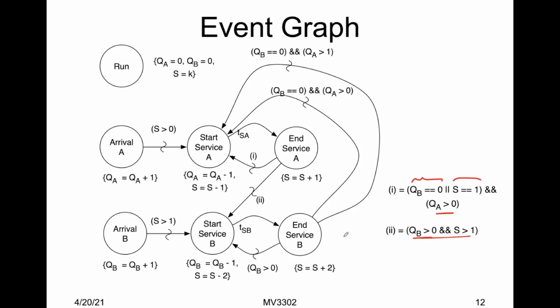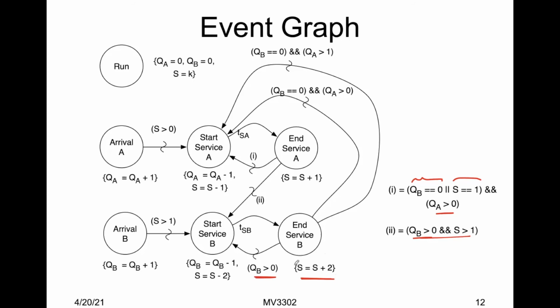Okay. Now things are even more tricky when we have an end service on a B, because now we have two available servers. And now because we prefer B and we know that there are at least two, we can schedule a start service on a B if all we know is that there's one available.